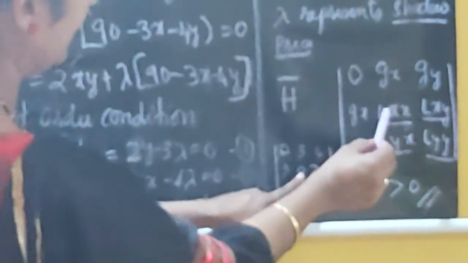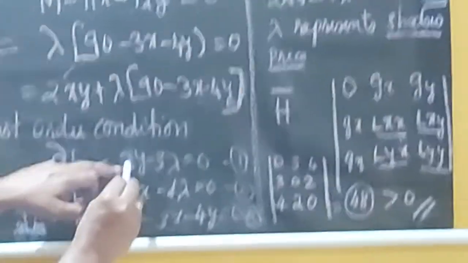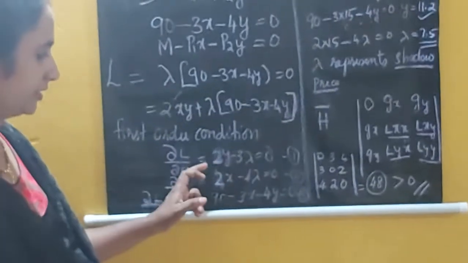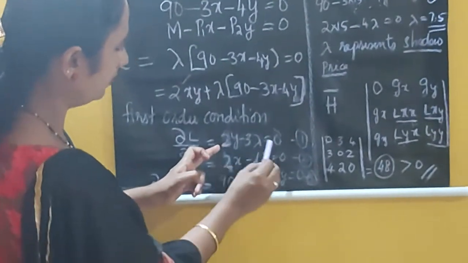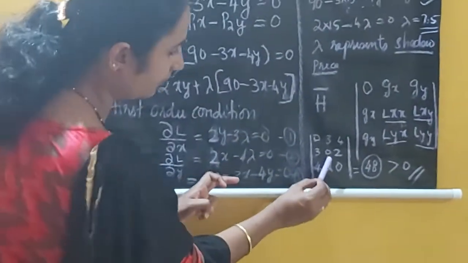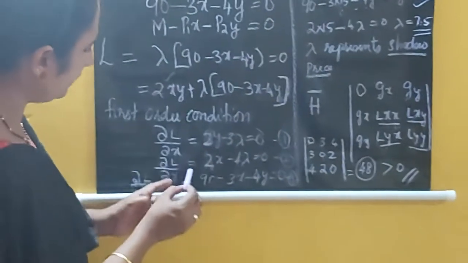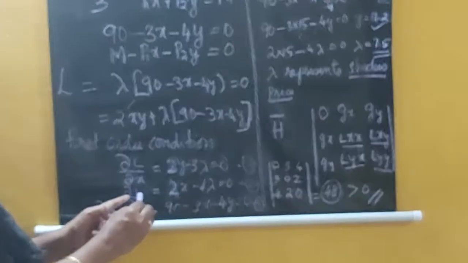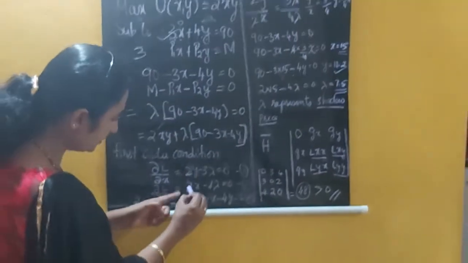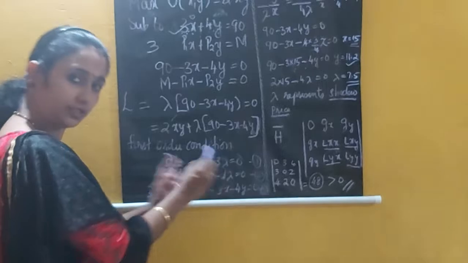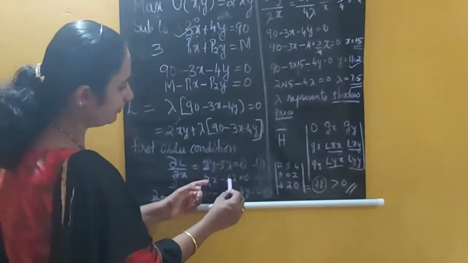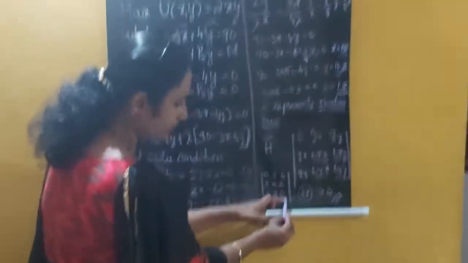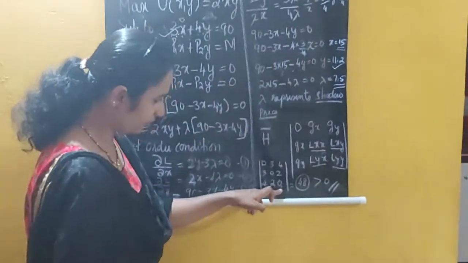Then Lxx means we have to differentiate this again with x. All the values are constant, so we will get 0. Again for this value we have to differentiate this 2x minus 4 lambda with respect to y. All the values are constants, so we will finally get 0.